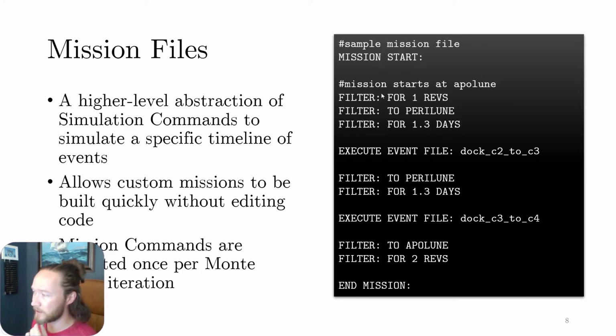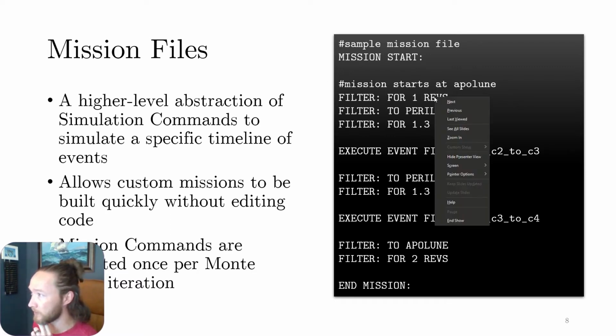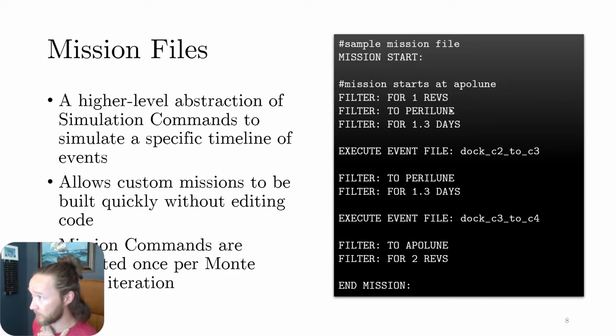So this is an example mission here that starts at the Apolune, filters for 1 full NRHO revolution, then goes to Perilune, then goes for 1.3 days, and then executes an event file that has this definition of this docking event, where it contains the perturbation and then the configuration files that you are changing to.